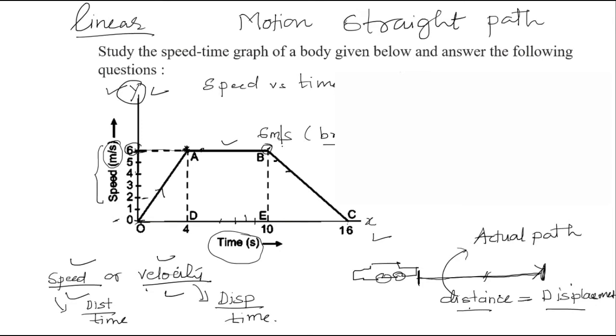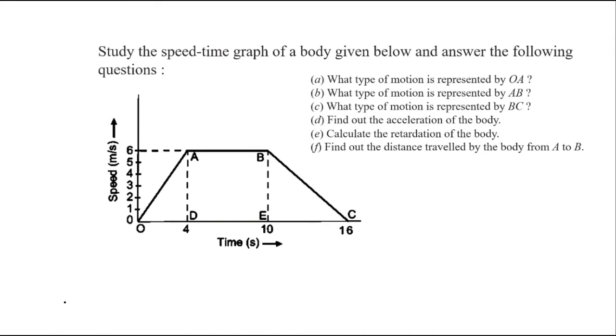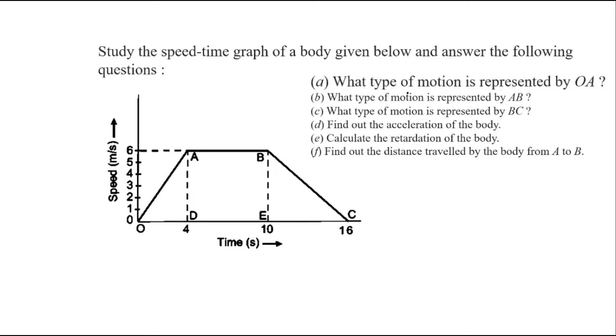Now, after understanding this graph, we shall see what the questions are. These are the questions, and we shall take them one by one. The first question is, what type of motion is represented by OA?